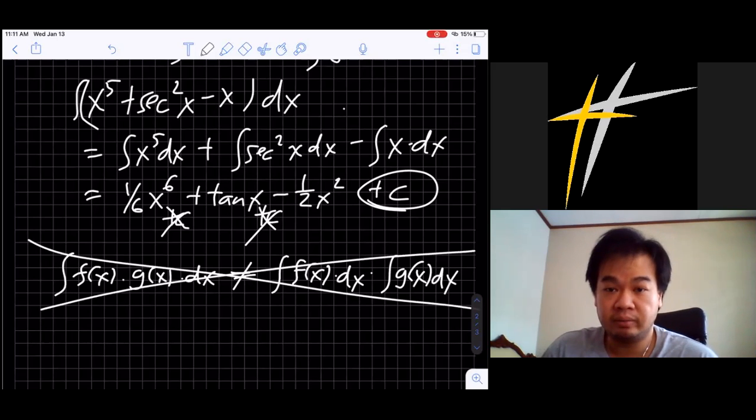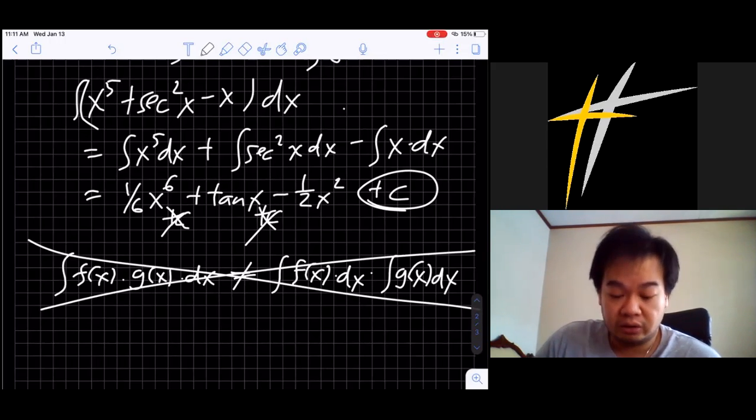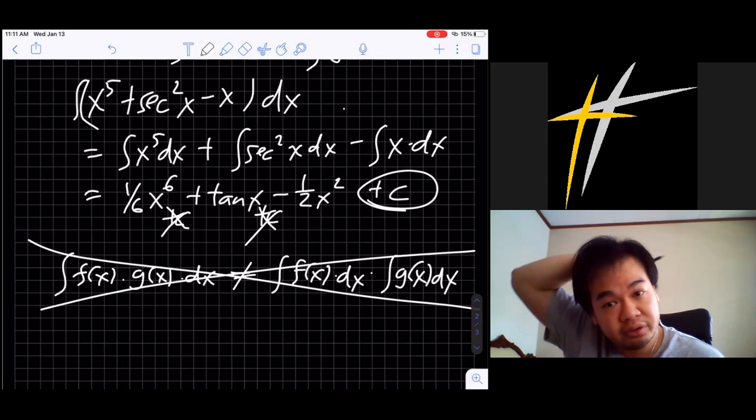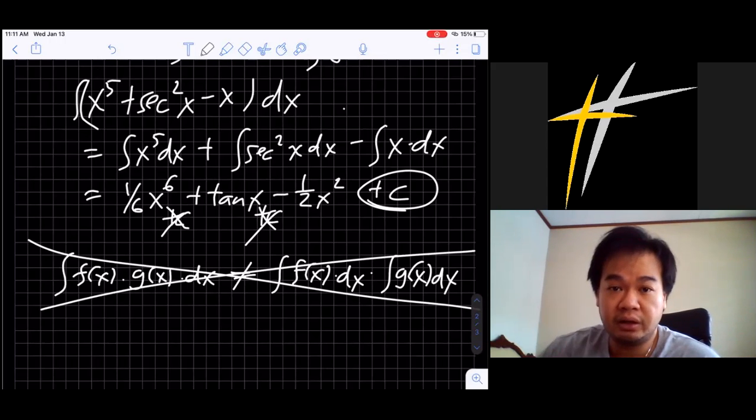Remember when we learned about derivatives, for the product of two functions, the derivative of u times v is not u prime times v prime, right? But it's u prime v plus u v prime. So it's also not applicable for integral, because derivative and integral have related properties.